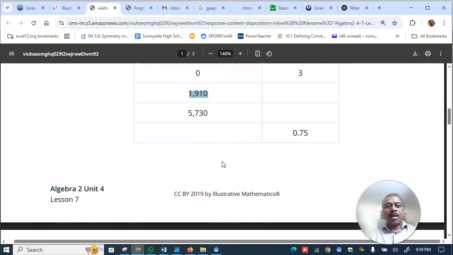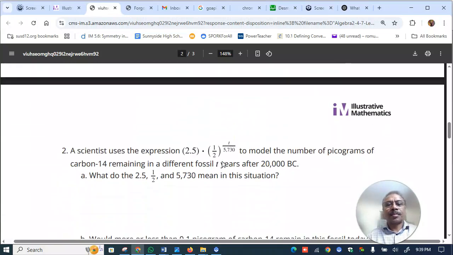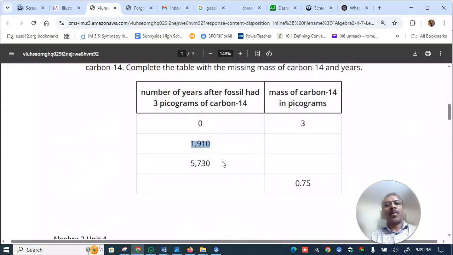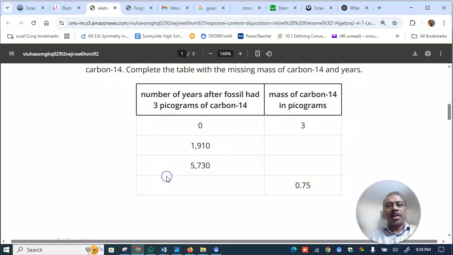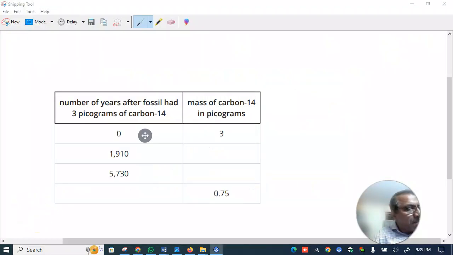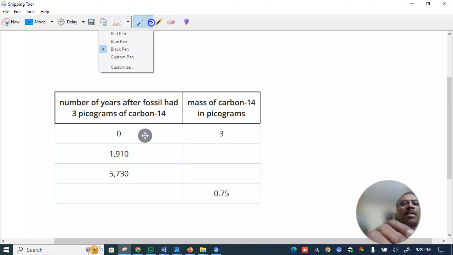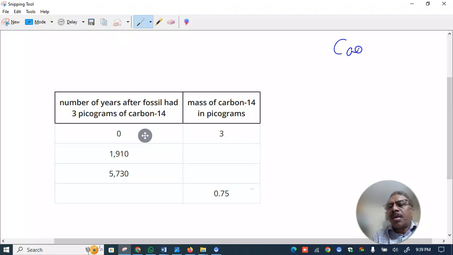So the question here is, oh, this is the question. So complete the table. So what I'm going to do is let me copy this. So let me draw this. What he is saying is a fossil is being found. First of all, let's talk about carbon. So the original carbon is carbon 12, and also there is carbon 14.